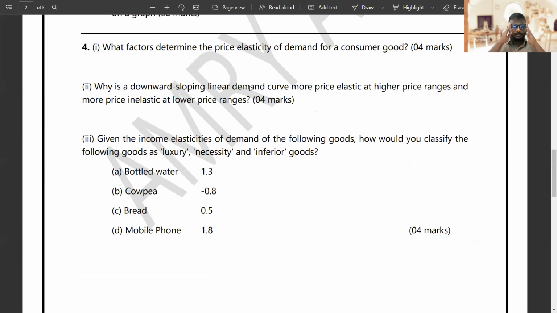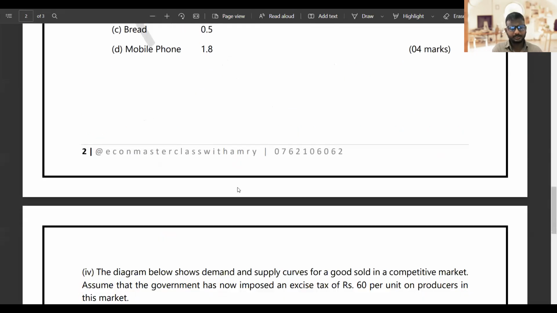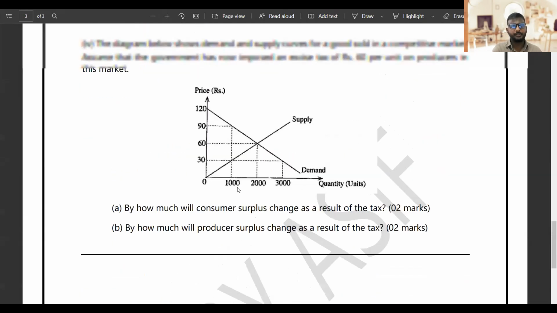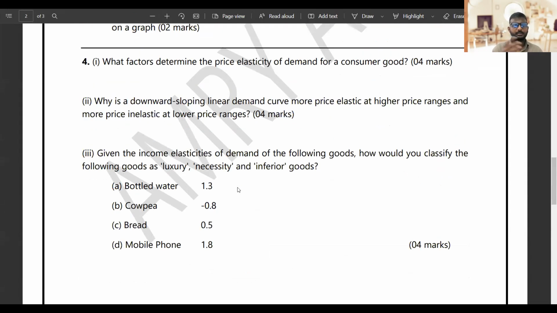Now, let's go to the next question, which is again another chapter 2 and chapter 3 question from another past paper. I believe it should be around 15, 16, that time period. So you look at the first question.